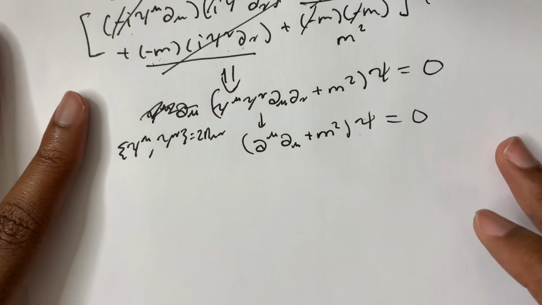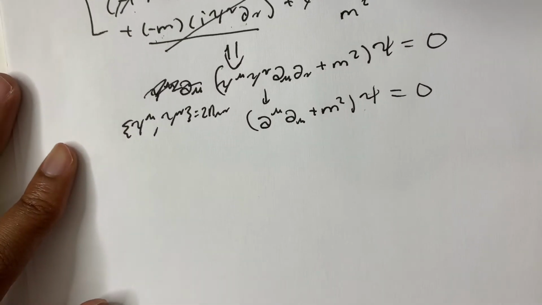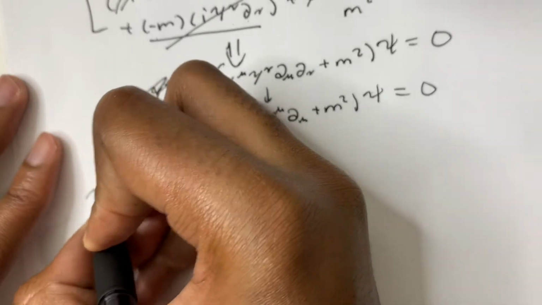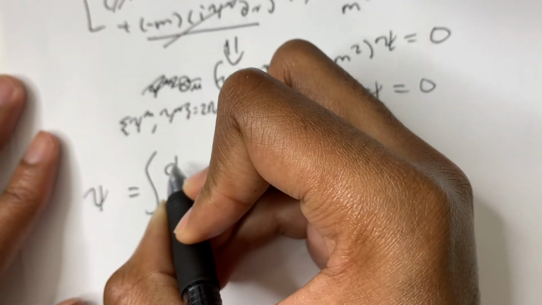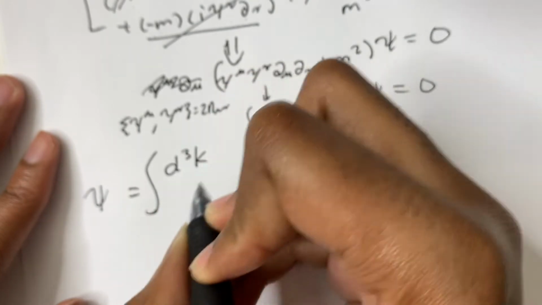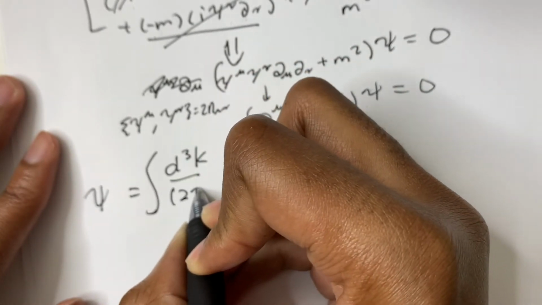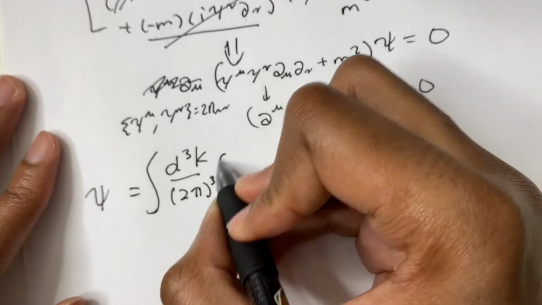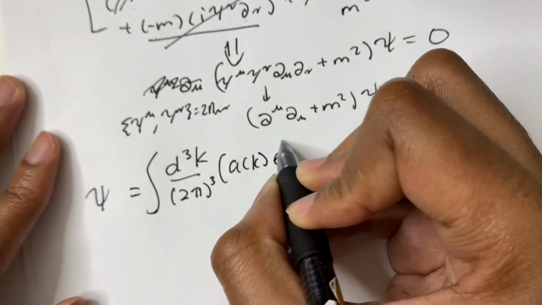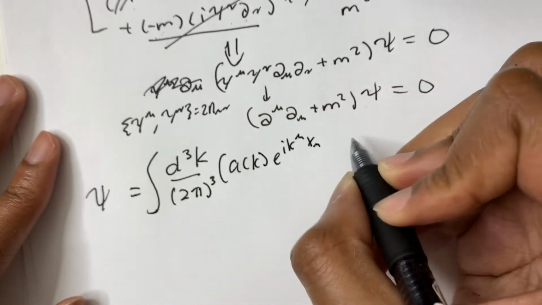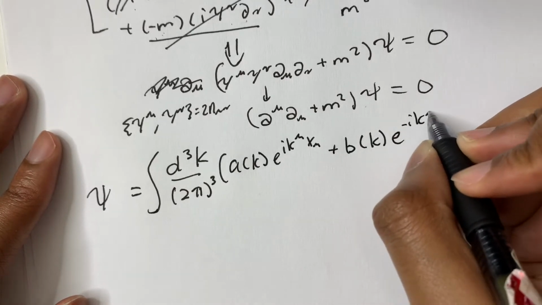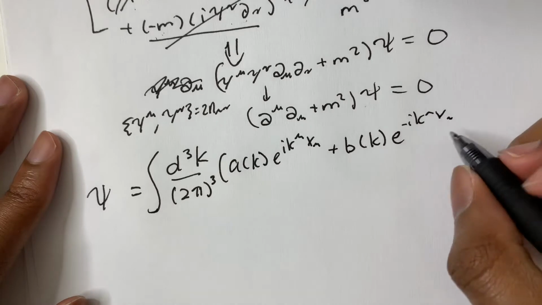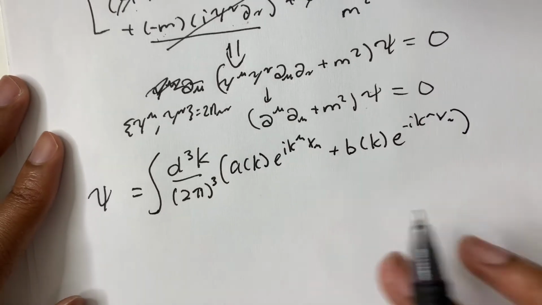And if you remember from my Klein-Gordon equation solution video, the most general solution to the Klein-Gordon equation is a superposition of plane waves over k. So here is our general solution to the Klein-Gordon equation that I derived in that video.